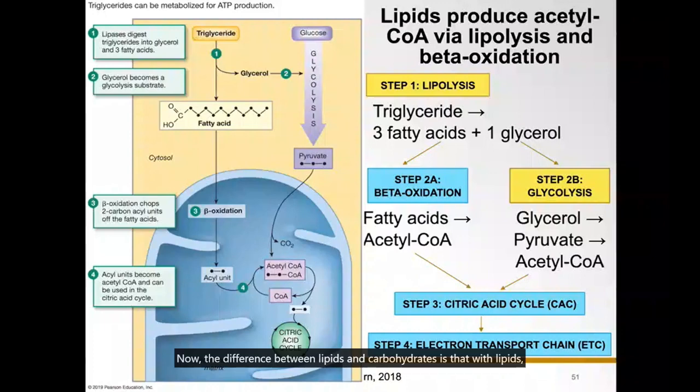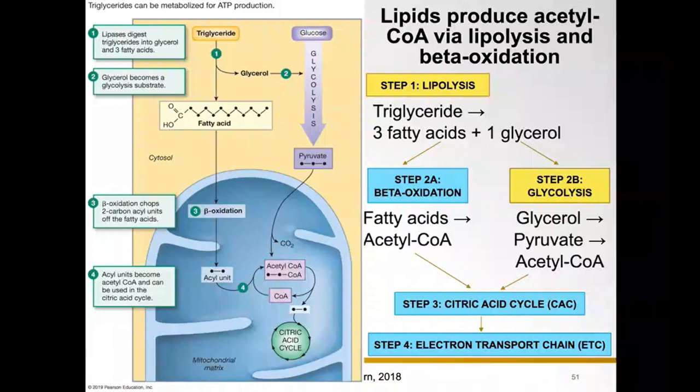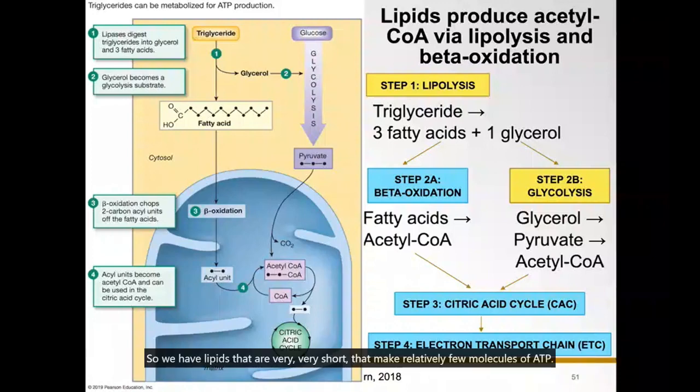Now, the difference between lipids and carbohydrates is that with lipids, I cannot give you a specific number of ATP produced per lipid because we really have a number of different lipids that are possible in our body. So we have lipids that are very, very short that make relatively few molecules of ATP, but then we have lipids that are really long chains of carbons, and those have the possibility of making lots and lots of ATP.